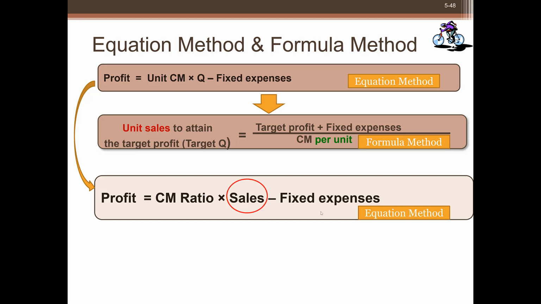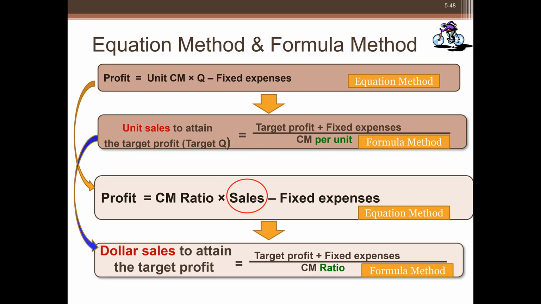This is the equation method to figure out dollar sales. From the second equation here, we can rewrite it as the fourth one: dollar sales equals target profit plus fixed expenses divided by contribution margin ratio. This is the formula method to find out dollar sales.